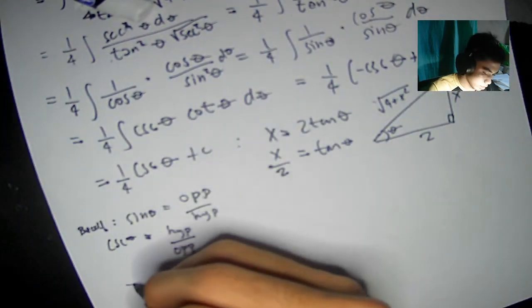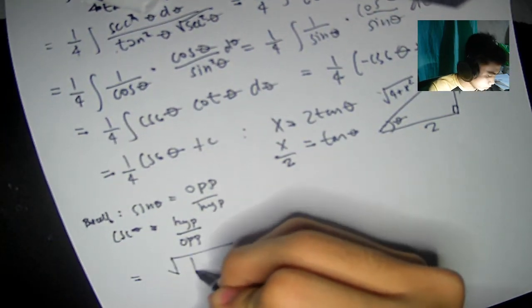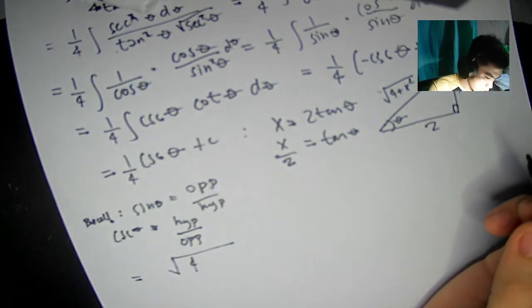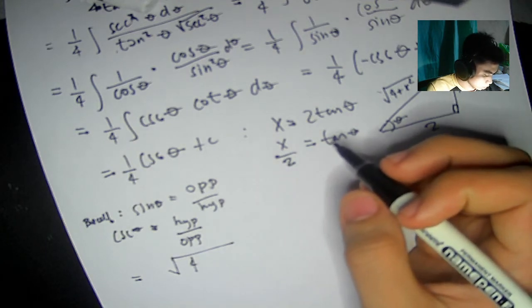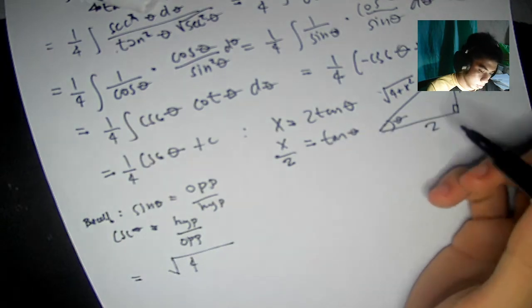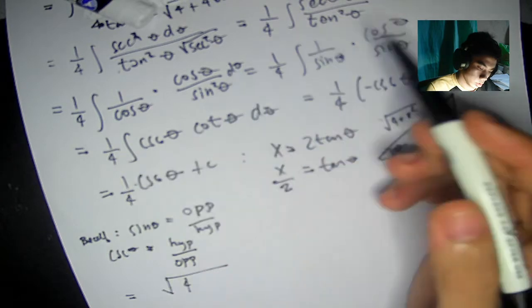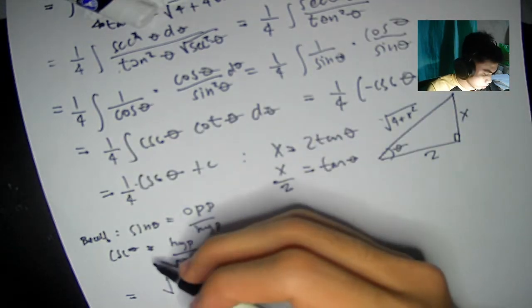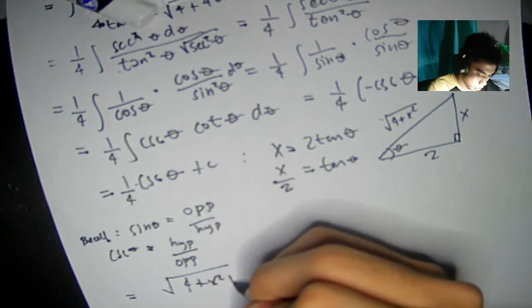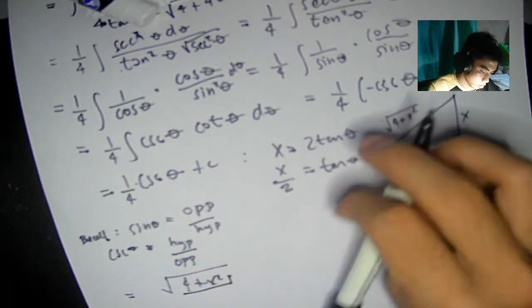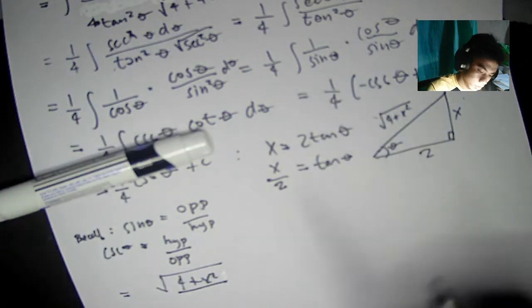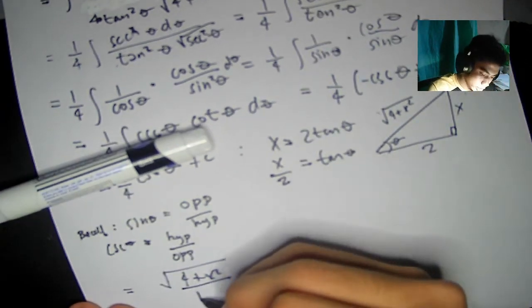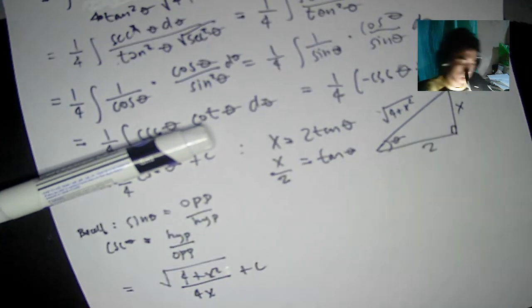So for hypotenuse we have negative cosecant, square root of 4 plus x squared over 4x plus c.